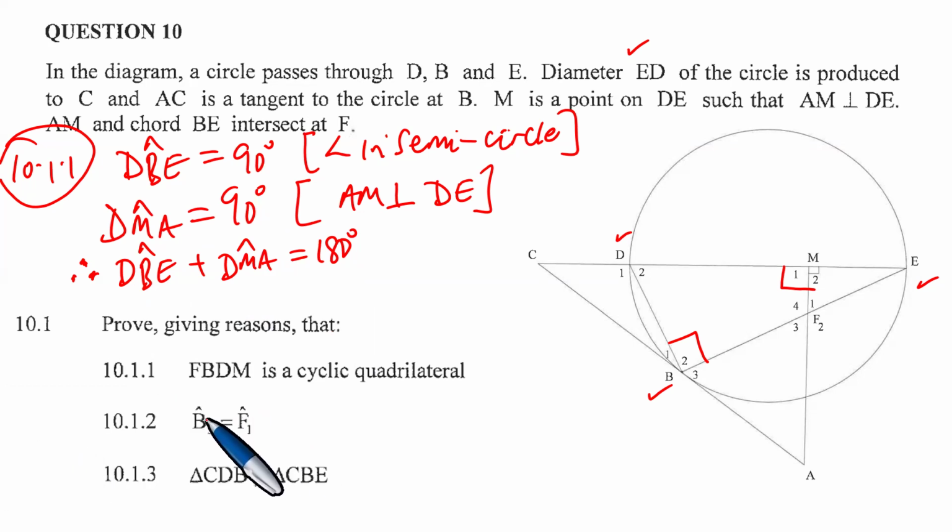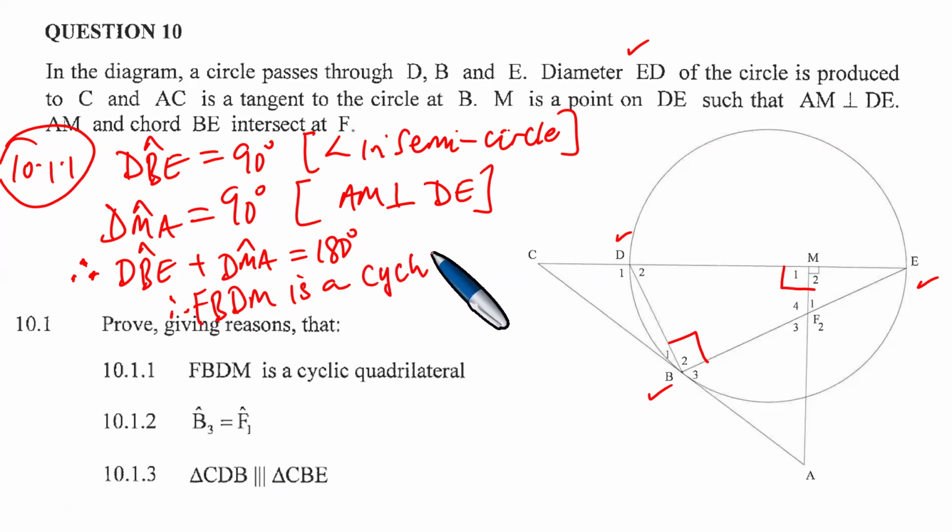So, we're happy with that. Next, what do we then do? We say, therefore, FBDM is a cyclic quadrilateral.